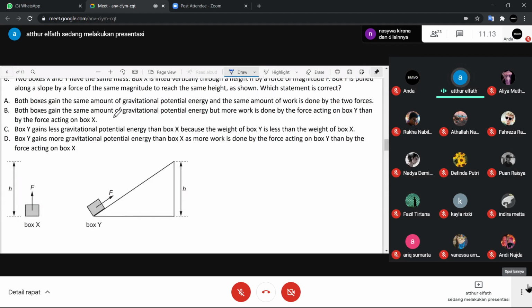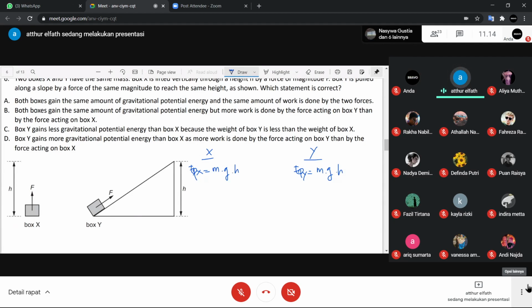Okay, so basically all of these questions ask about potential energy and work done. Actually, if we talk about potential energy, it only depends on m, gravity, and height, and both of them are the same.